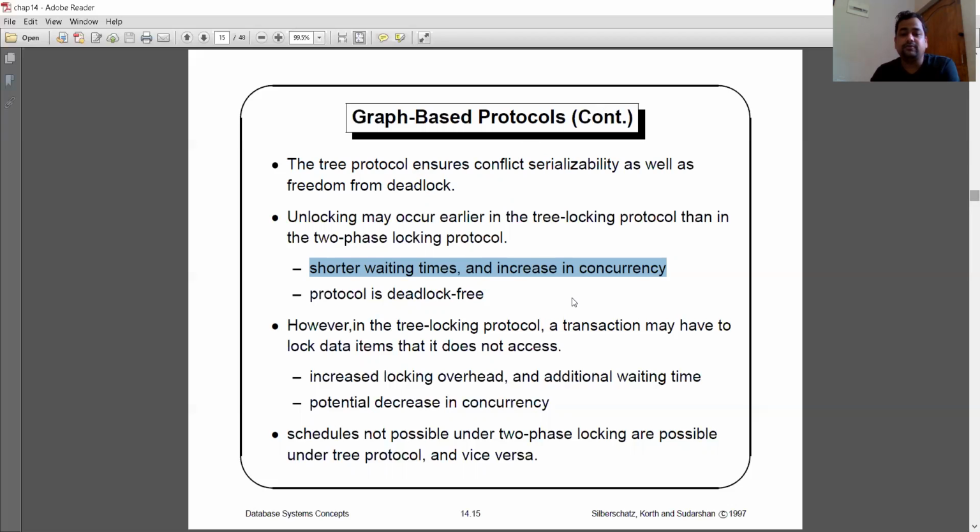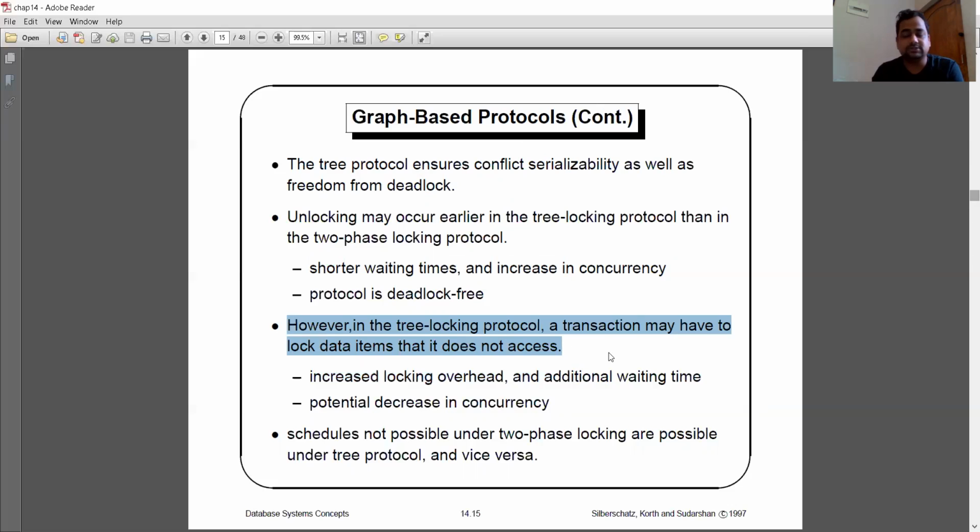However, in the tree locking protocol, a transaction may have to lock a data item that it does not have any access to. So that means if we use a tree-based lock protocol over any data item X, we have to lock data items that we do not access.